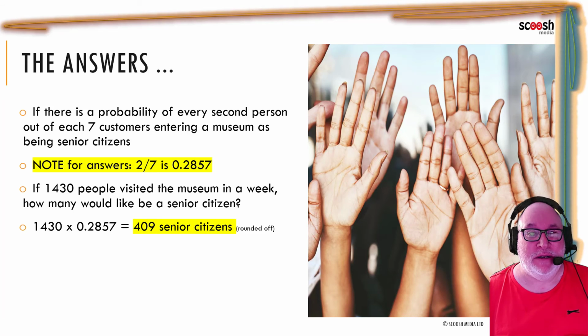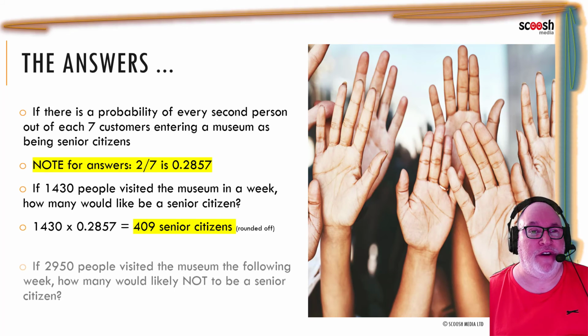Autocorrect is the bane of our lives nowadays, isn't it? So 1,430 multiplied by the ratio decimal, 0.2857, gives us 409 senior citizens. Now, we round that off because we don't have parts of people, but we could keep it as an exact if you wanted to. It's fine.